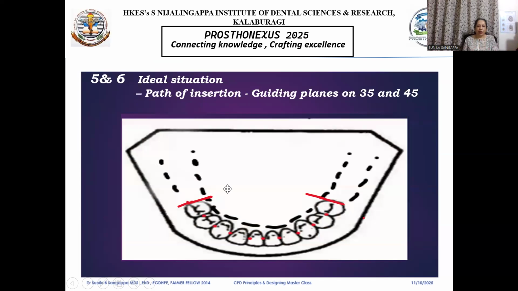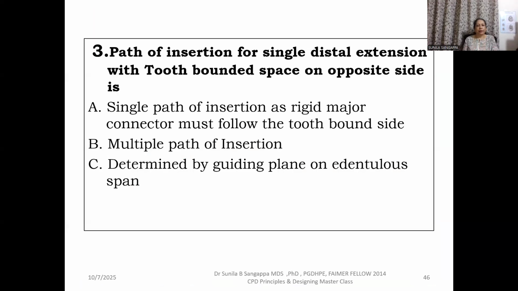Coming back to our ideal situation, the identified path of insertion here ensures that we have guiding planes on 35 and 45 on the distal proximal surfaces, and the undercuts identified is the distobuccal undercut on 35 and 45. You may ask, why not a mesiobuccal undercut? Let's try to discuss that in our section of class designing.